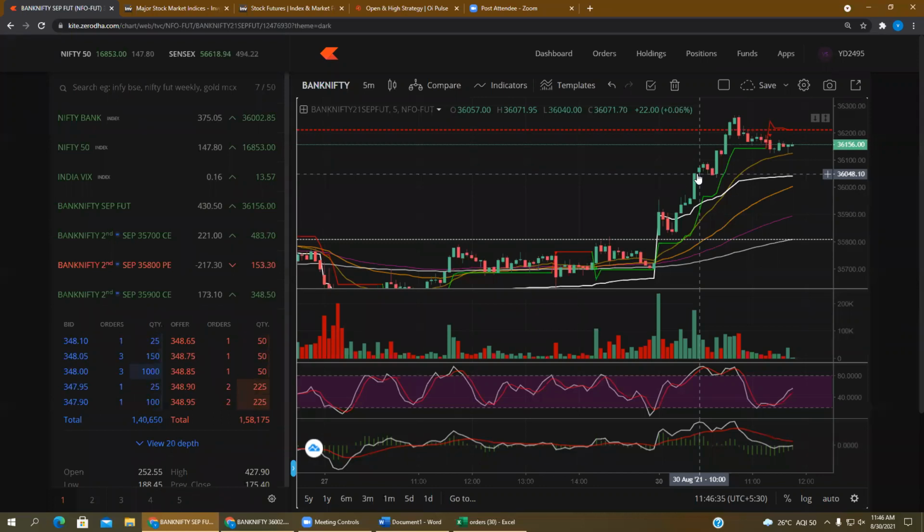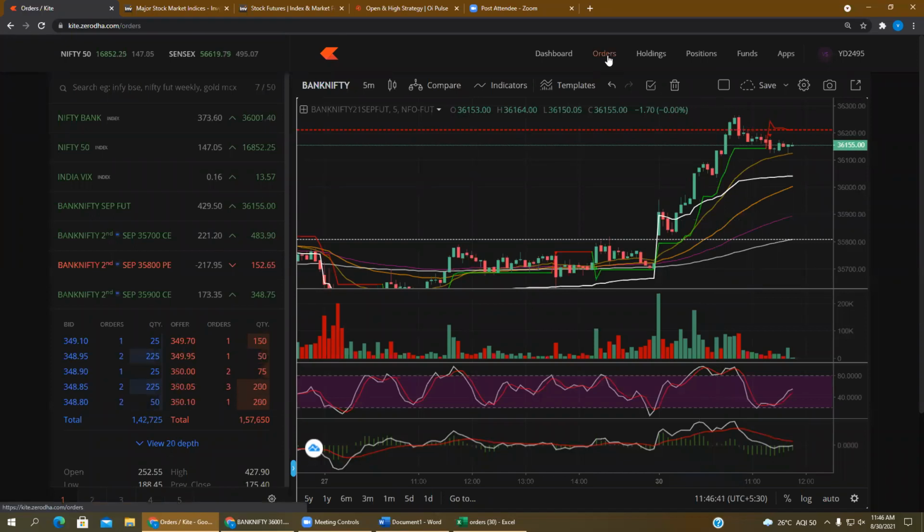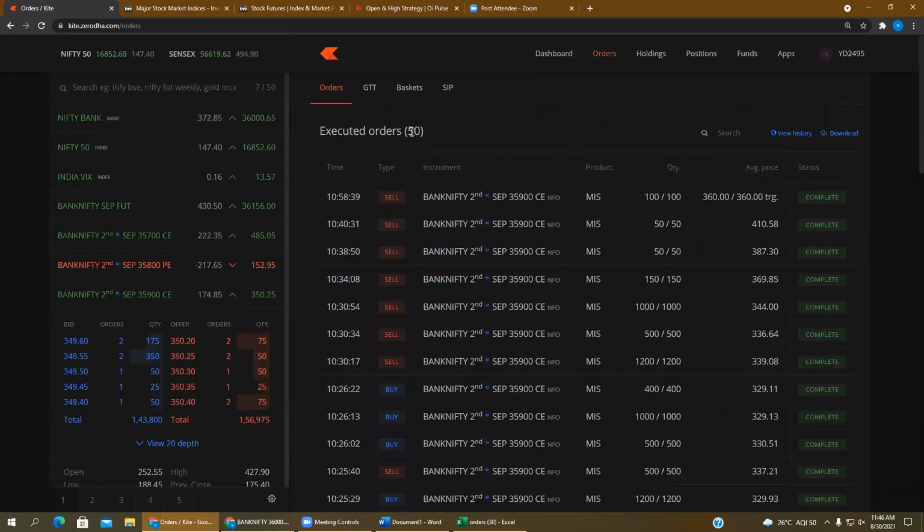And always understand that I am not bothered about the brokerage. The only thing I'm bothered about is my execution. If I know my execution is good, I don't need to worry about the brokerage or the charges. Many people focus on the charges and the brokerage.